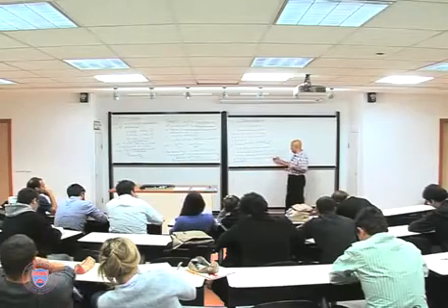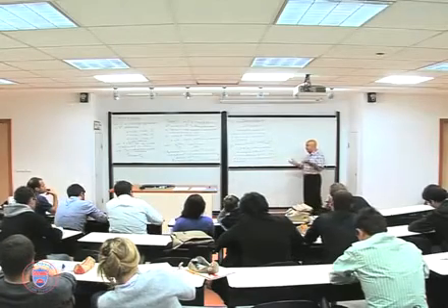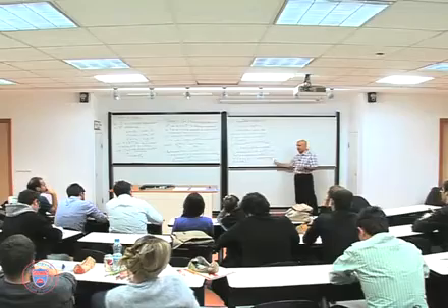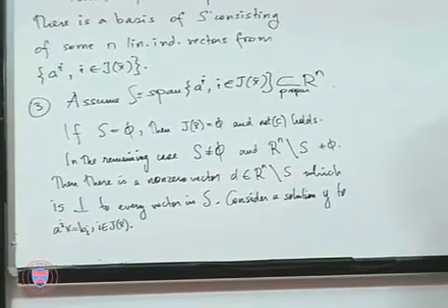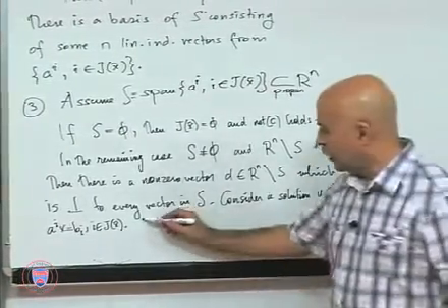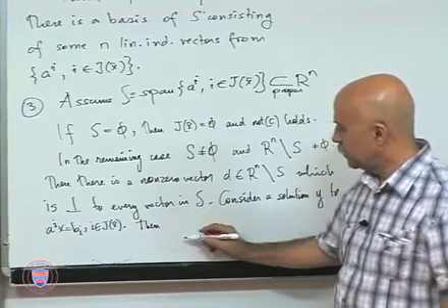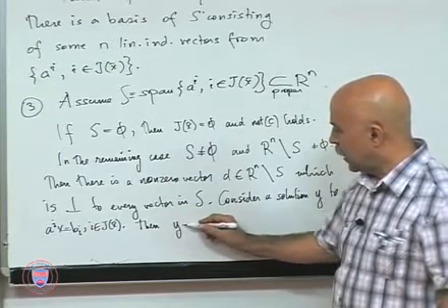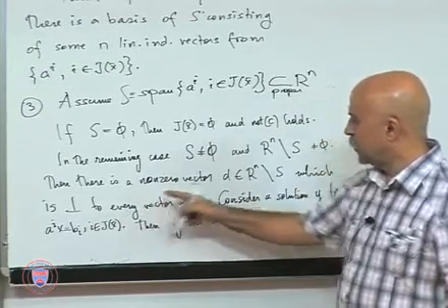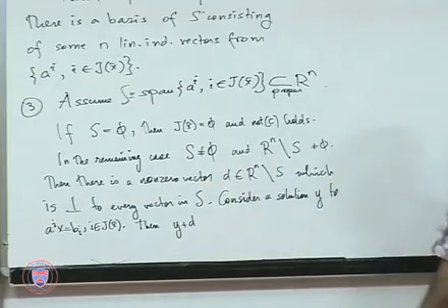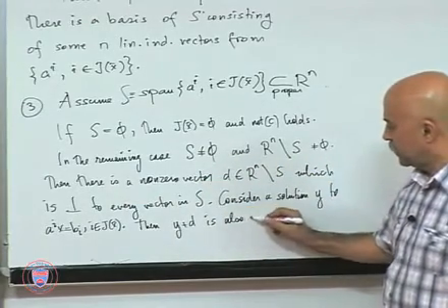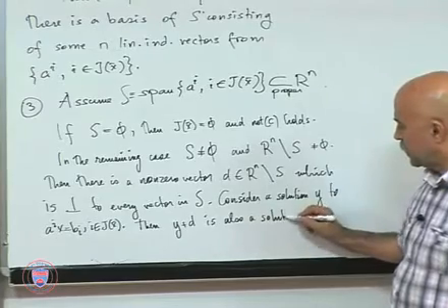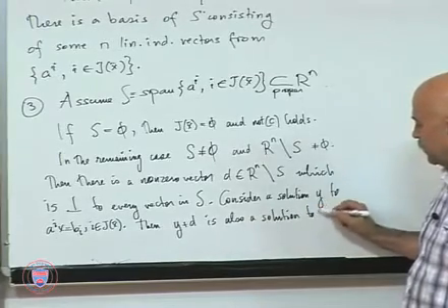And so I'm just considering a possible solution here, okay, which may or may not be your X bar, okay? Then, if you add the non-zero vector D to this solution, this is also a solution to this system.